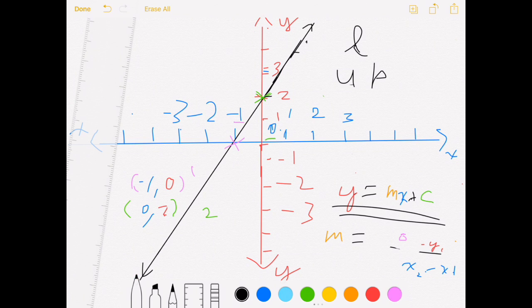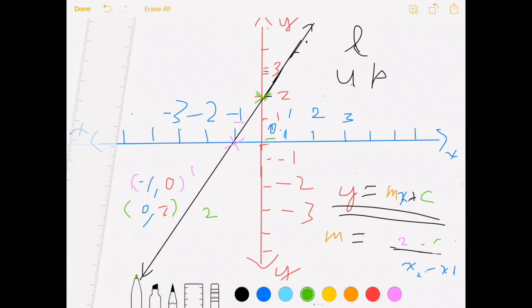So, y2 minus y1. What is y1? Forgive me, y2 is actually 2. So what is the y value of point 2? The y value of point 2 is equal to 2. What's the y value of point 1? That's y1. So what is y1? Let's look. y1 is equal to 0.